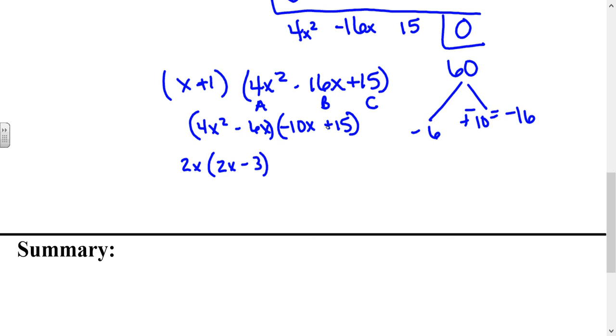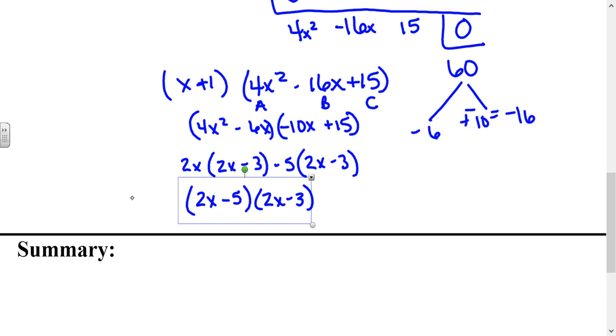And then I can factor out a -5 here, and I would have left over 2x minus 3. I had to take out a -5 to make these be the same, so sometimes you have to watch that. So then my factors would be 2x minus 5 and 2x minus 3. And then I had x plus 1 at the beginning.